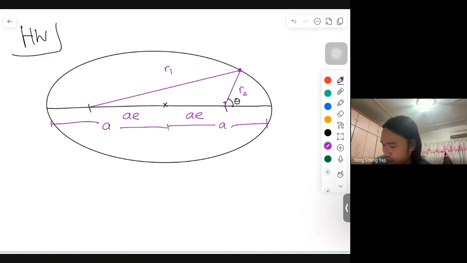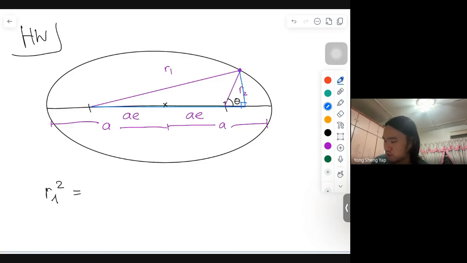So basically, you can write that the length R1 squared, this length over here, must be equal to the Pythagorean theorem given by this.